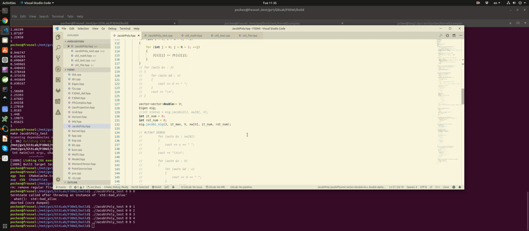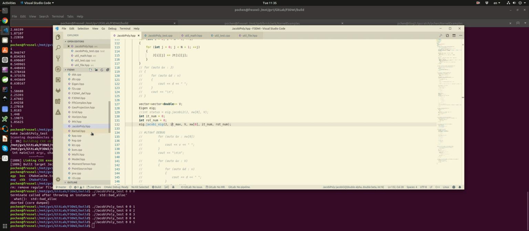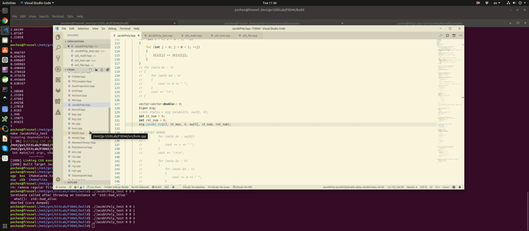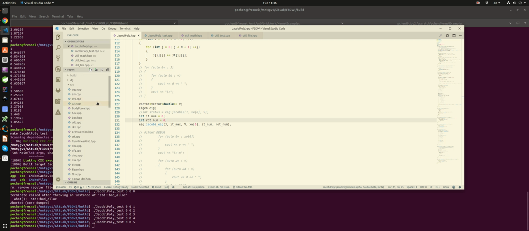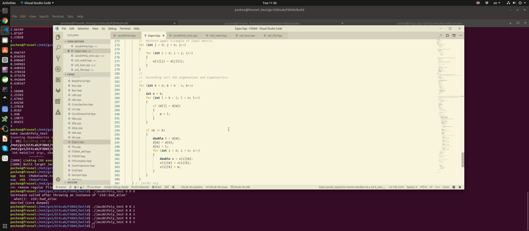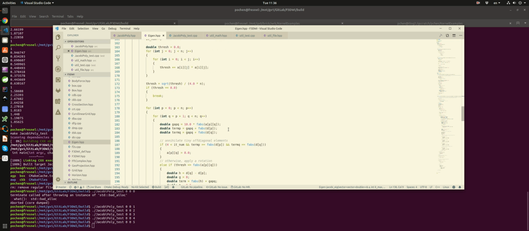So I have another class called eigen EIG. The implementation still needs more testing. I'm not exactly sure if I got the implementation completely right. It's again some code that I found on the web, and I changed the formatting to make it work with vector of doubles.